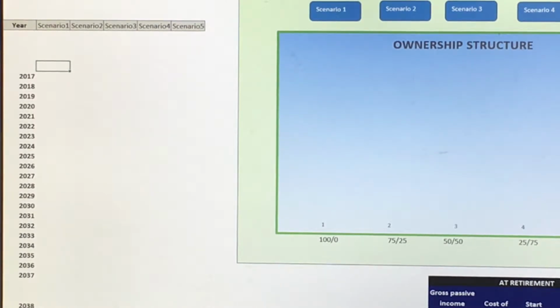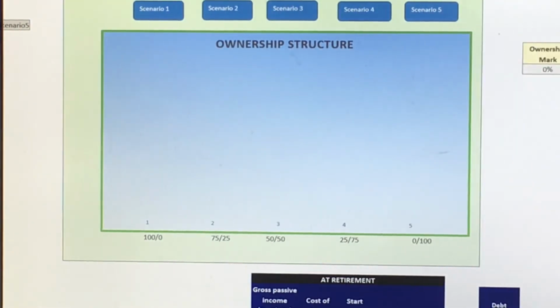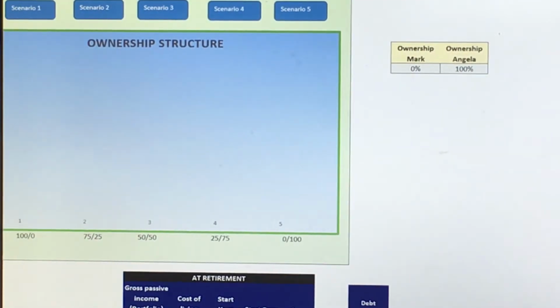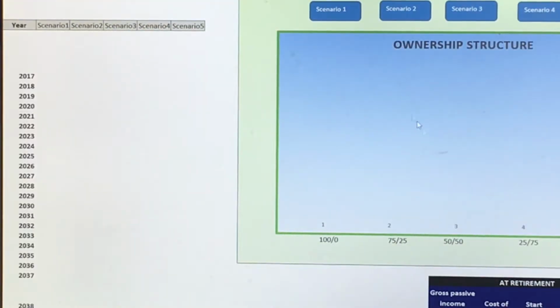So the 5 scenarios that I speak of, the first one's going to be 100% in Mark's name. So if we change that, and run it.